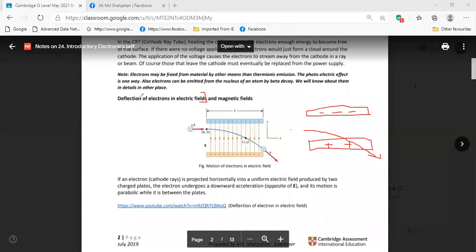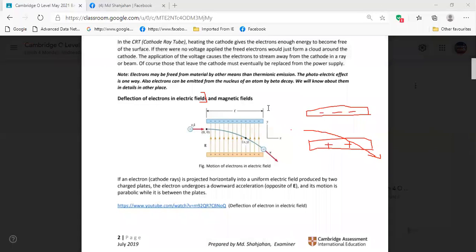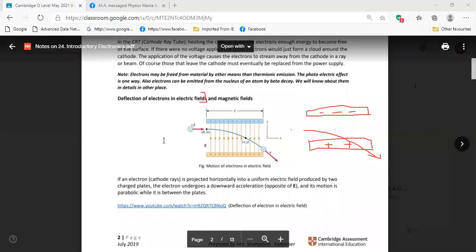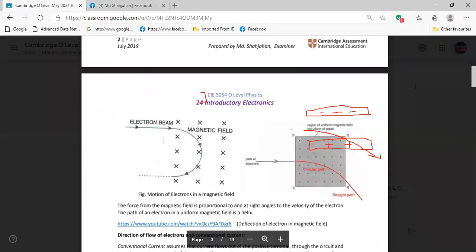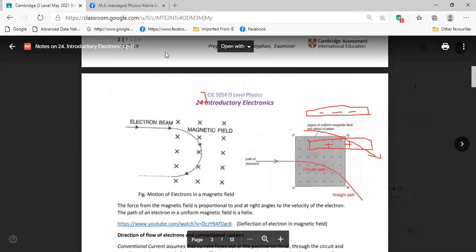Now, later on, we are having magnetic field, right? Yes, sir. Deflection of electron in magnetic field. You write this heading. Deflection of electrons in magnetic field.